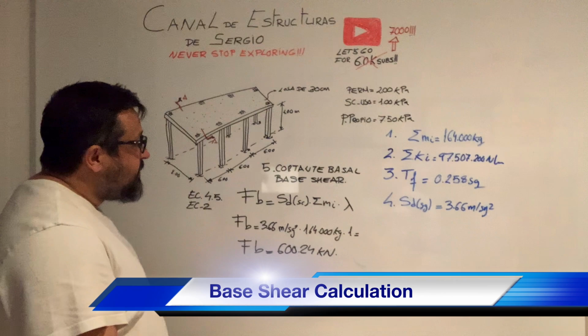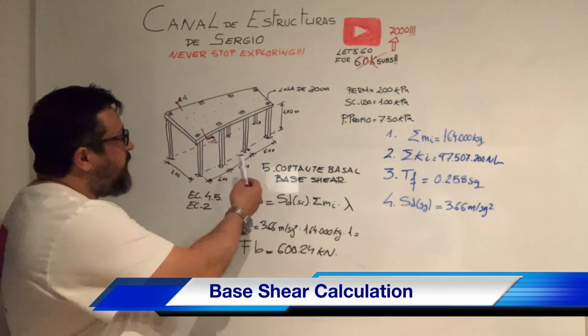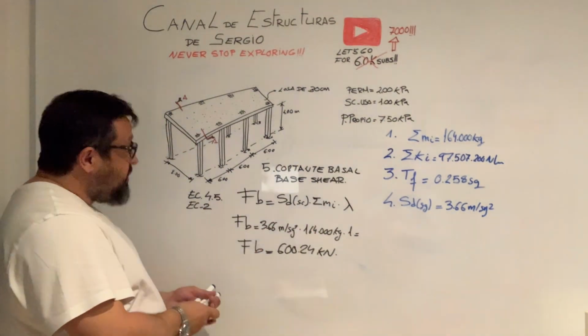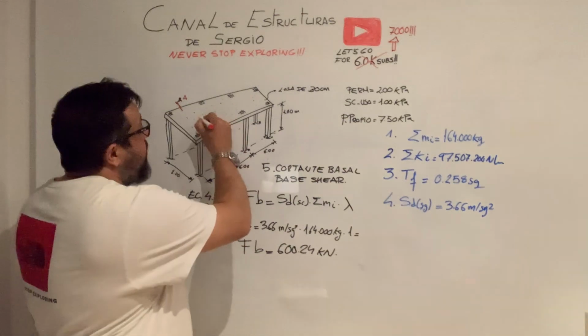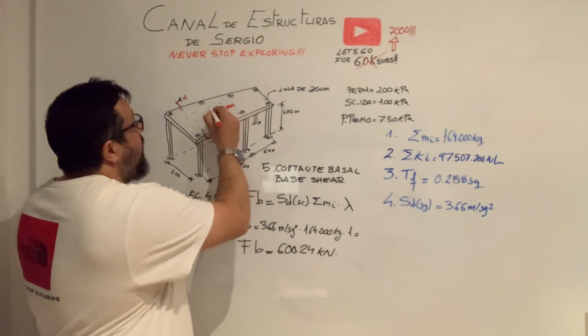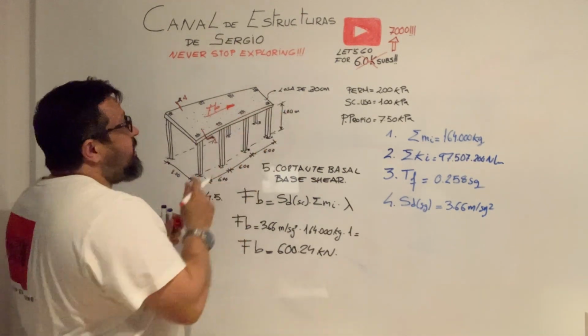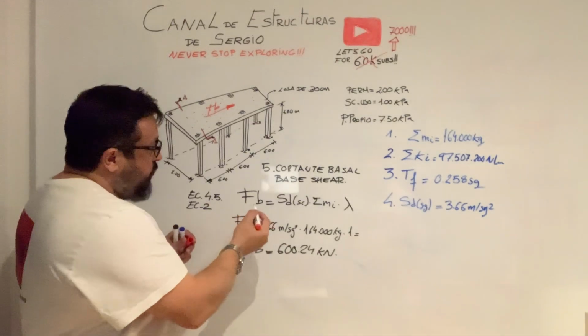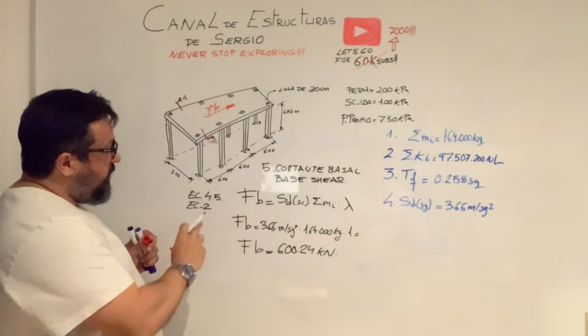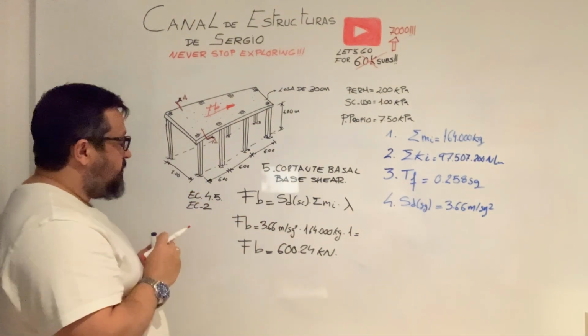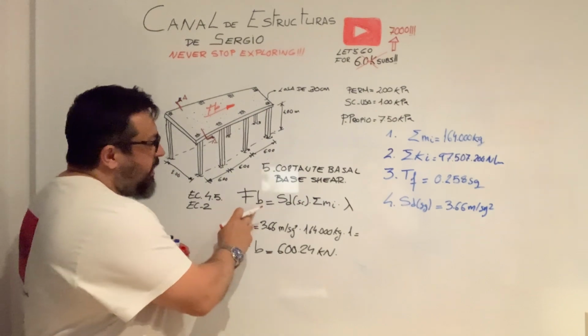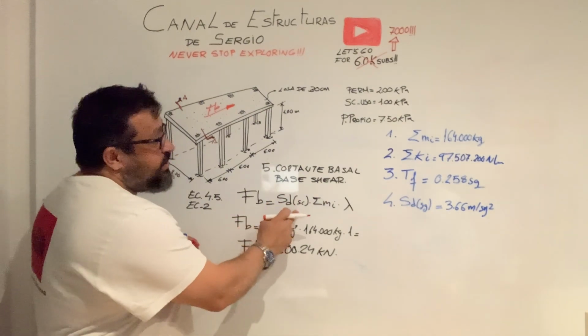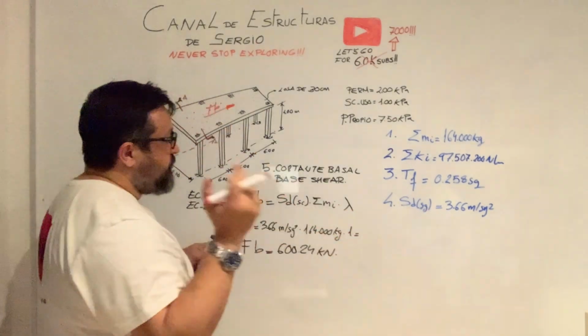Let's deduce once again the base shear for the structure. Remember that the base shear is going to be the forces applied here, assuming a single degree of freedom. So we are going to use equation 4.5 according to the actual version of Eurocode 8. We have the acceleration already defined minutes ago.